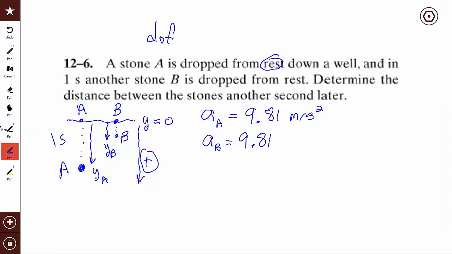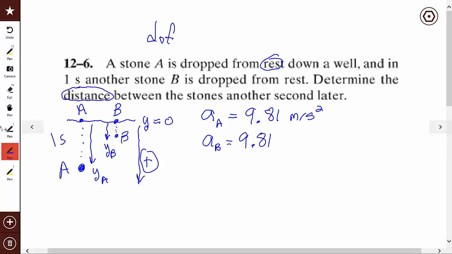Okay, because these accelerations are constant, I am able to use the handy little formulas from the textbook. Since I'm interested in distance, I really want position. I couldn't care less about the velocity. So I'm going to look in the book for the position equations that relate position, time, and accelerations.